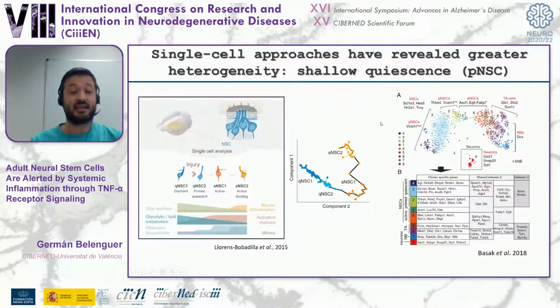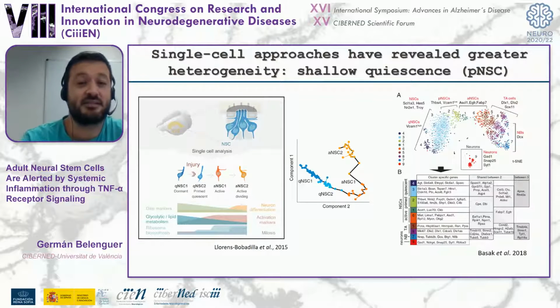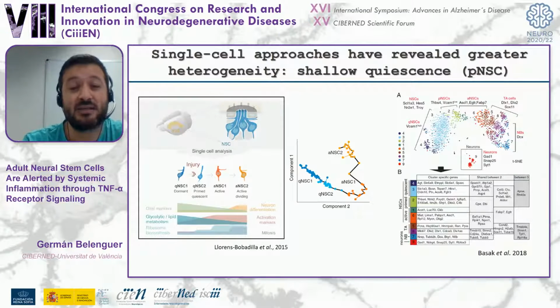Furthermore, the single cell era started, and this brought even greater heterogeneity, as different groups identified at the molecular level cells that display different degrees of quiescence.